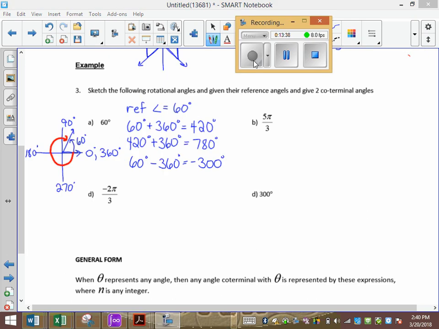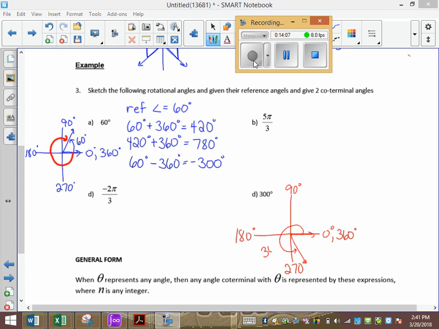Okay, if we go to draw 300, 0, 90, I need degree symbols, 180, 270, 360. 300 is 60 away from 360 or 30 away from 270, as long as you know to draw it appropriately. Starts here, and it circles around to this arm.